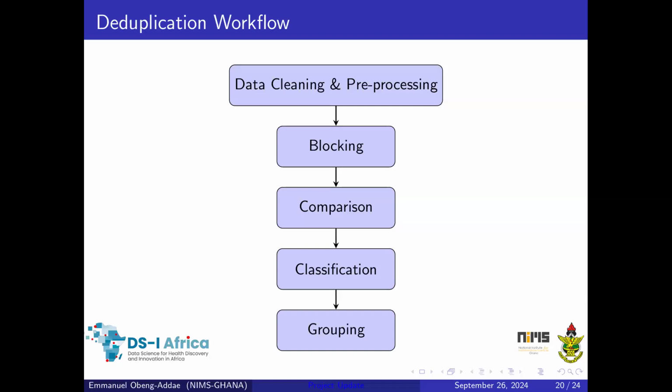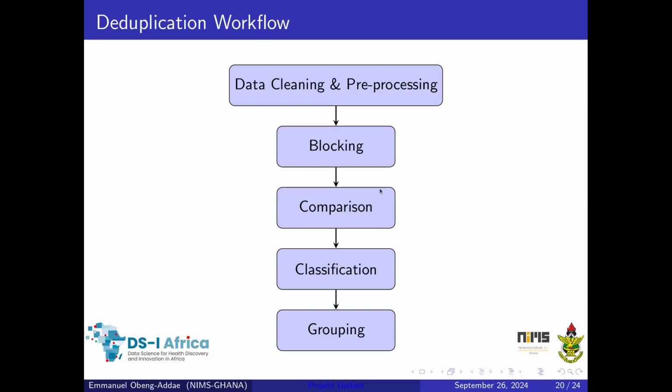And that would really be unnecessary, especially because most of the records may not have anything in common, so we do not need to compare them. So we filter out a subset of the records that have some level of similarity based on certain rules. And then we compare those records, and we are likely to find records that are referring to the same entity within this block of the data set.